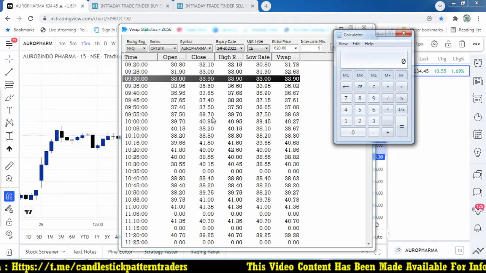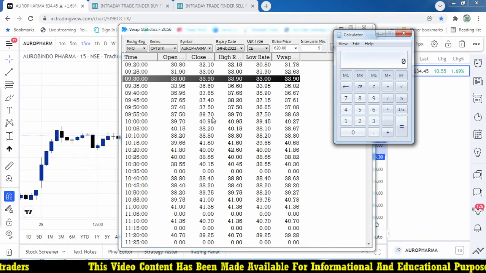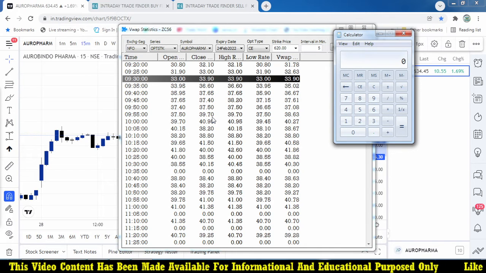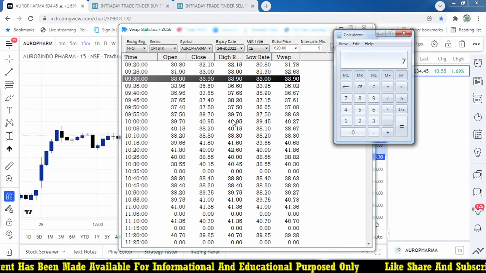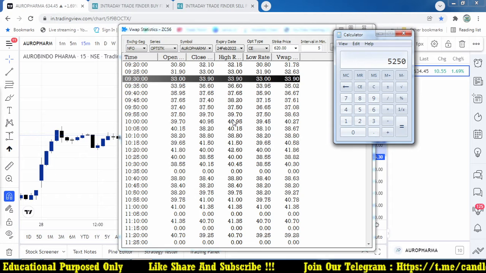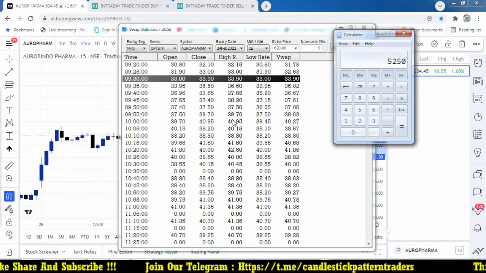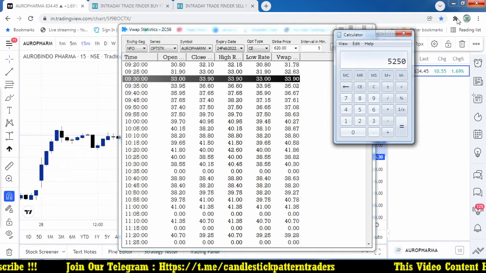I invested 34 into 750, an investment of about 25,000, and got a 7 rupees profit. 7 into 750 is about 5,000 rupees on a 25,000 investment. Even a profit of 10% or 20% is good enough for an intraday trade.